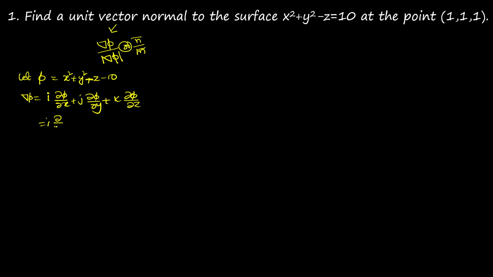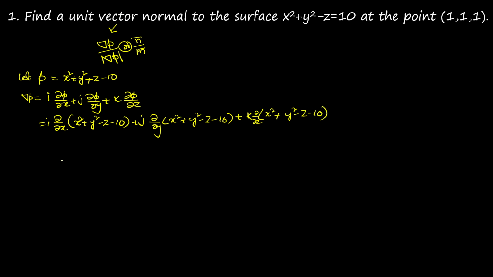Here i into dou by dou x of phi, where phi is x square plus y square minus z minus 10, next plus j into dou by dou y of x square plus y square minus z minus 10, plus k dou by dou z of x square plus y square minus z minus 10.